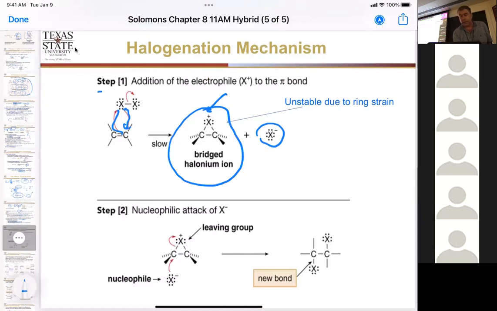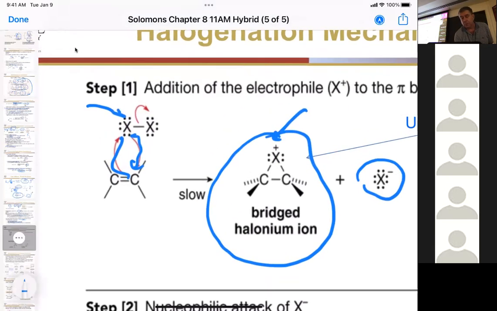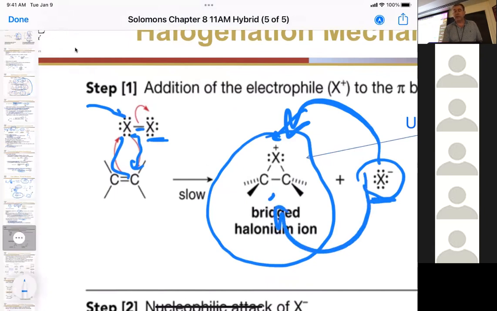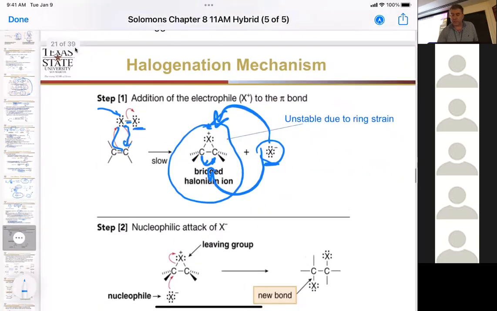Notice that we break the bond here, giving both of these electrons to the leaving group, which in this case is the halide, the chloride or bromide ion. Okay, so now this is why it's anti-addition. This cannot attack the top of where the alkene was. It can only attack from the bottom to bind to one or the other of these carbons. Okay, so what's the next step?